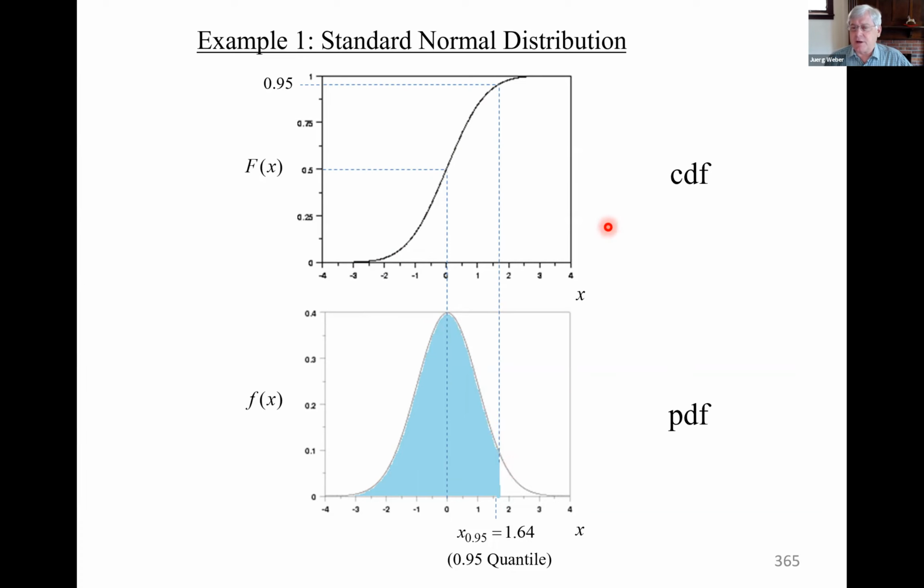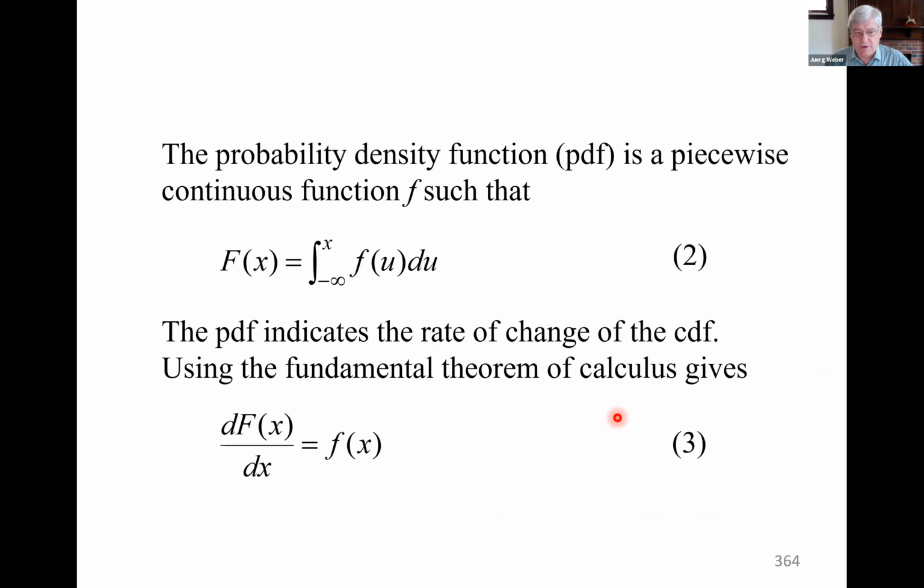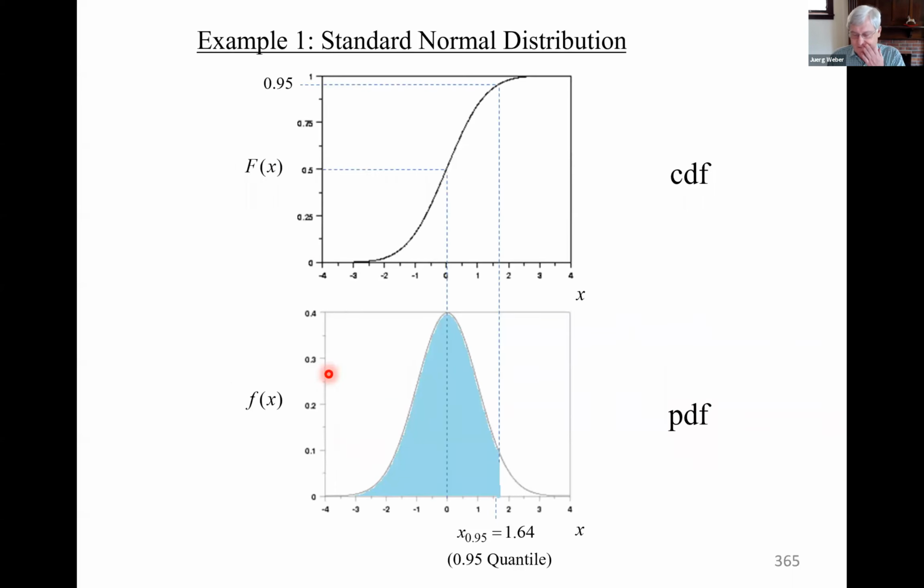So if you think in terms of equation 3, you just simply differentiate and you calculate the rate of change. To differentiate this CDF, you have to differentiate with regard to the upper limit, okay? So you need the fundamental theorem of calculus. That's all material out of a first year calculus class at university level.